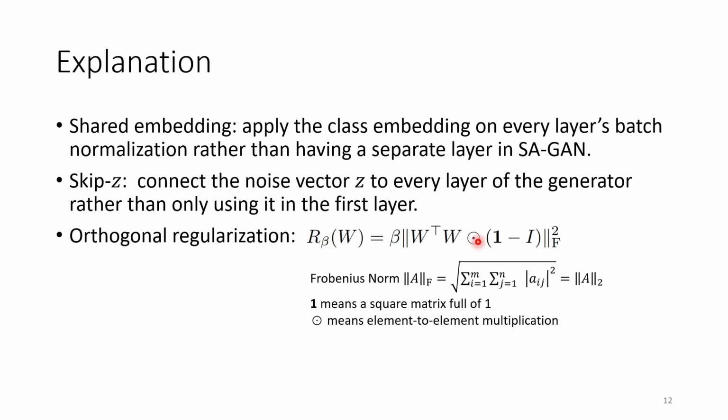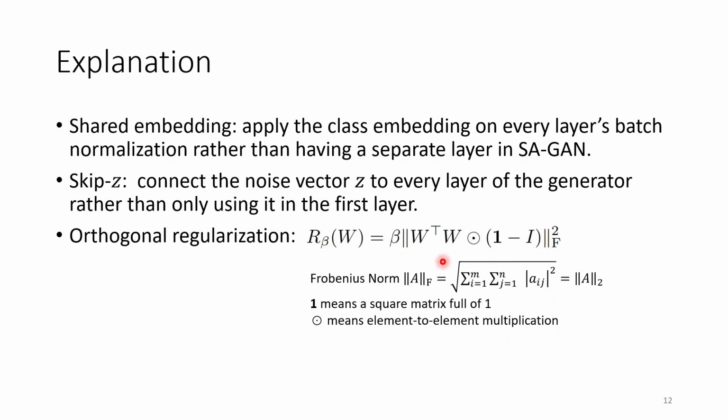If you use this term, the 1 is a square matrix full of 1s. And the minus the unit matrix means a matrix in which on the diagonal every value is 0, and for other elements, the value is 1.